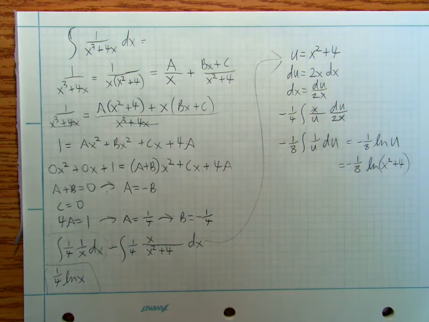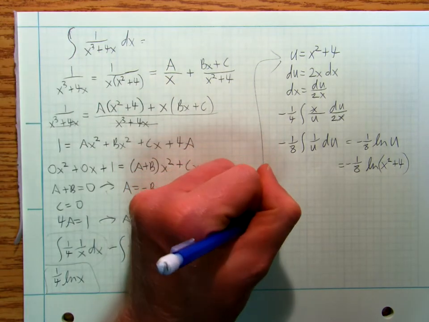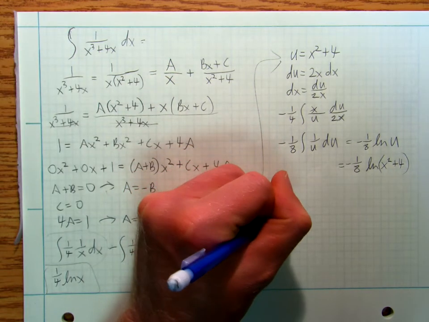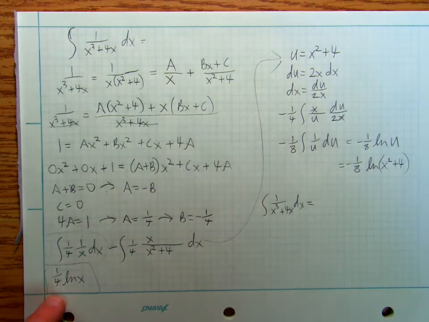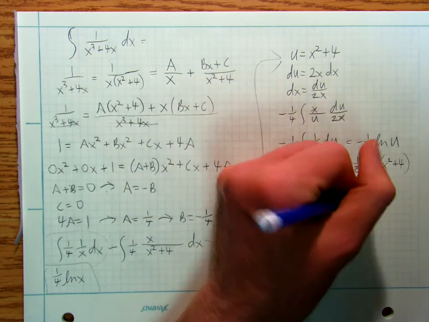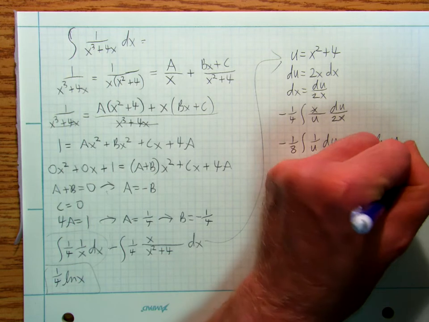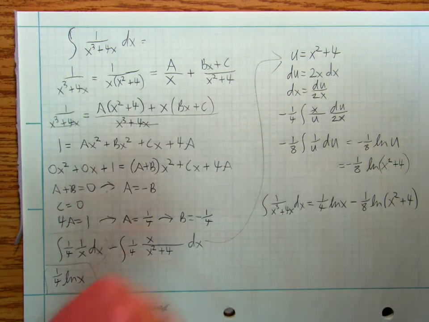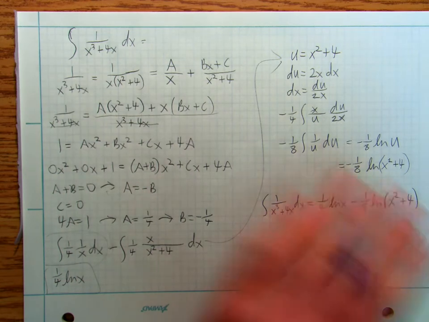So the integral of 1 over x cubed plus 4x dx is equal to 1/4 ln x minus 1/8 ln x squared plus 4 plus c.